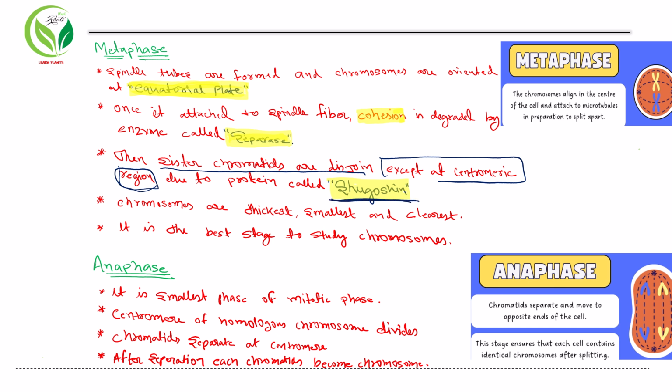And what is Shugoshin? You have to know about this Shugoshin also. Shugoshin is also a kind of protein, a unique protein belonging to a unique protein family, and it protects the cohesin from being degraded by separase at the centromeric region.